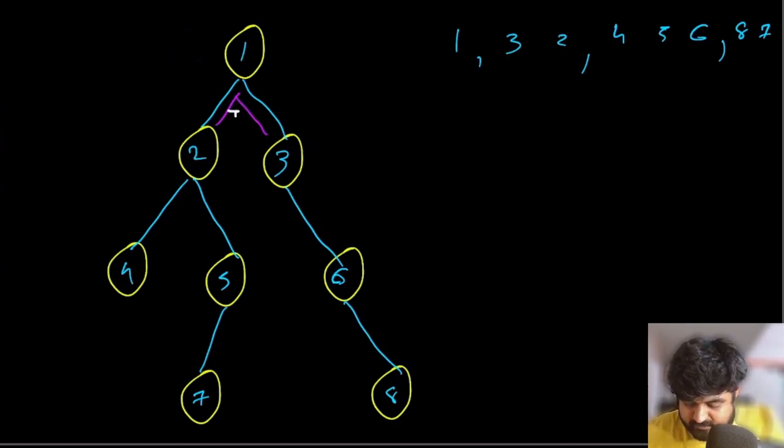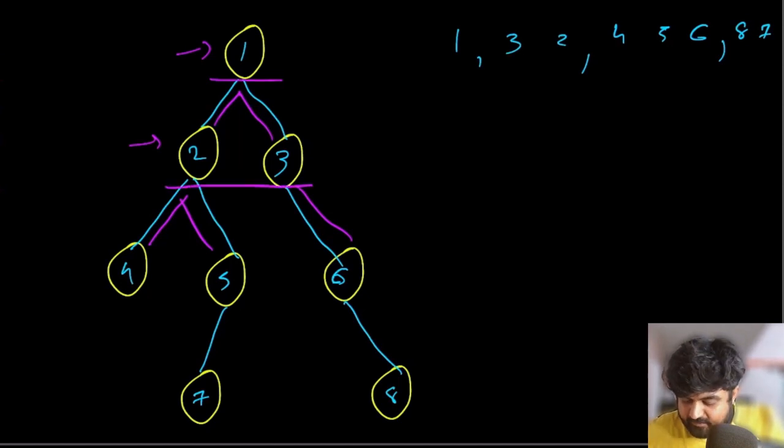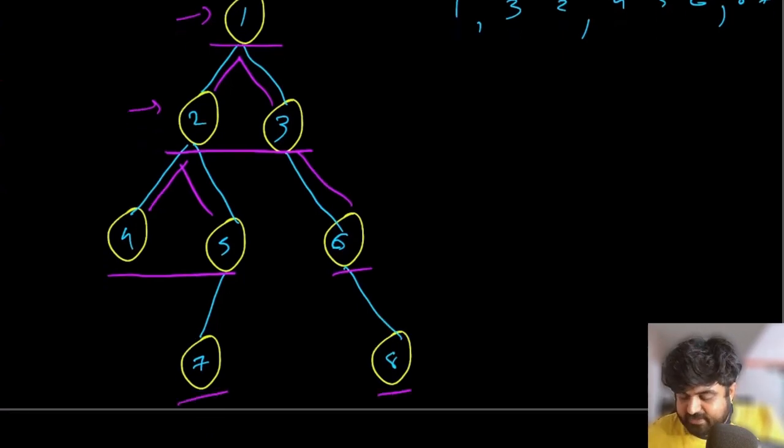So in this case, we first iterate over the children of the root. After iterating both children, we iterate its grandchildren, or the children of these children. So first we cover this level, then after covering this level, we go through the children of these nodes, and again repeat the same process.